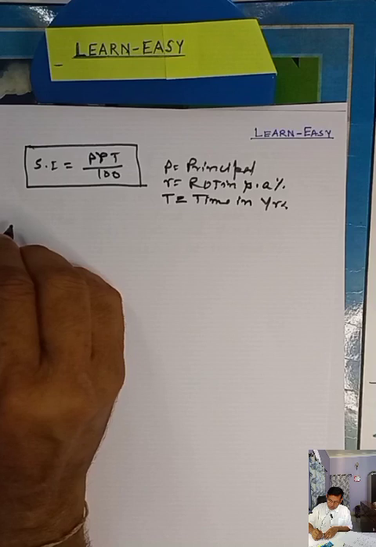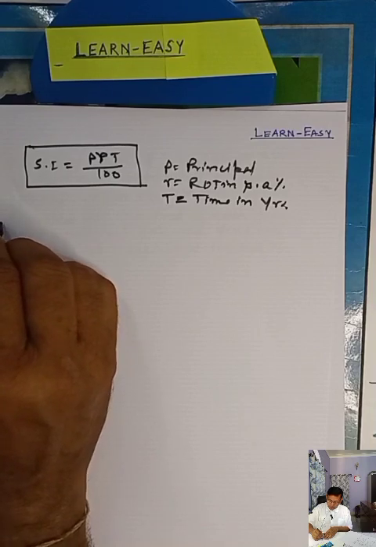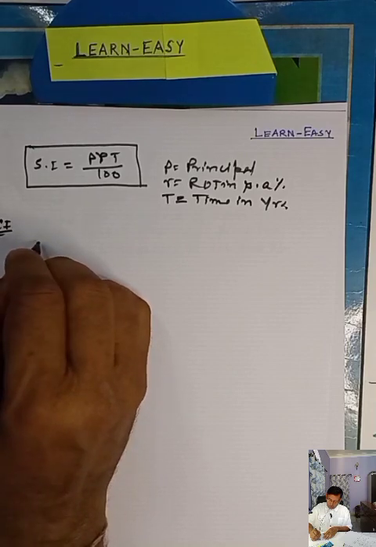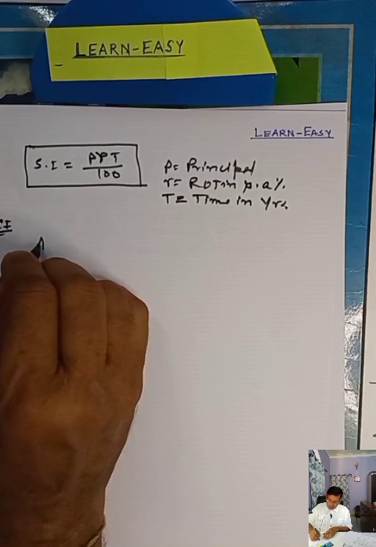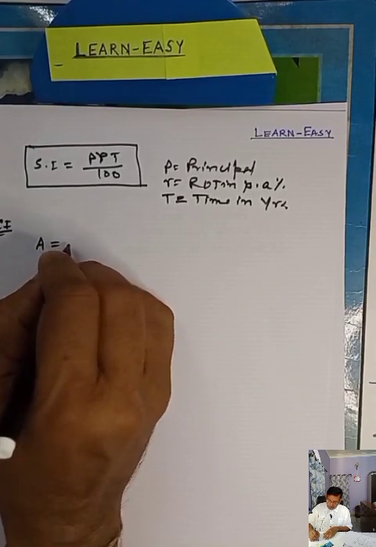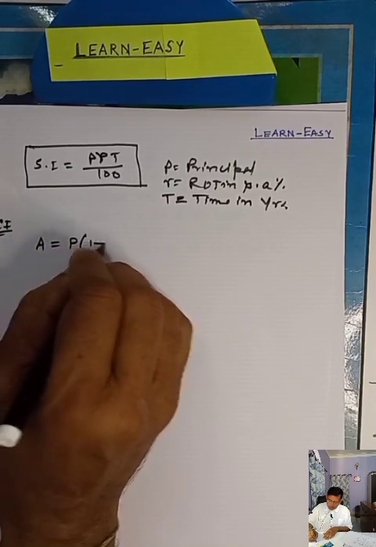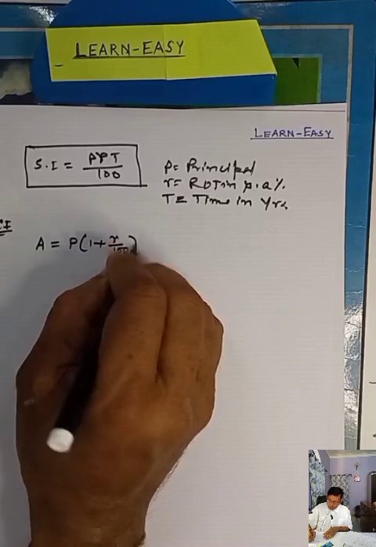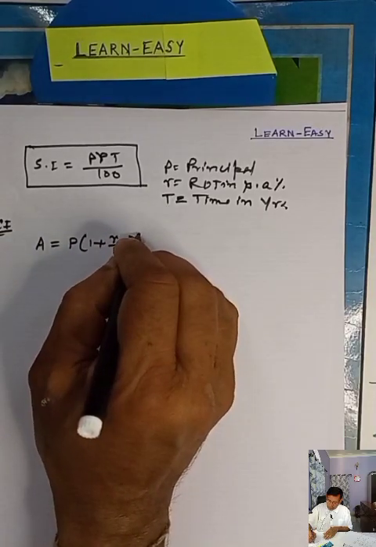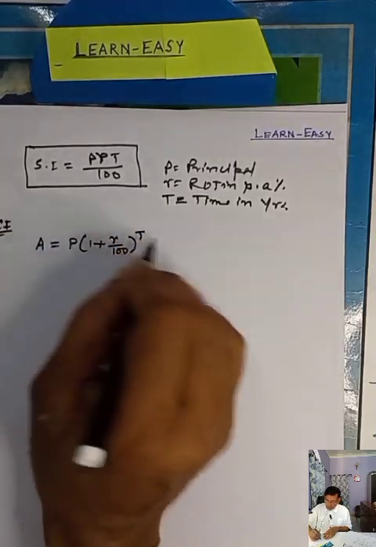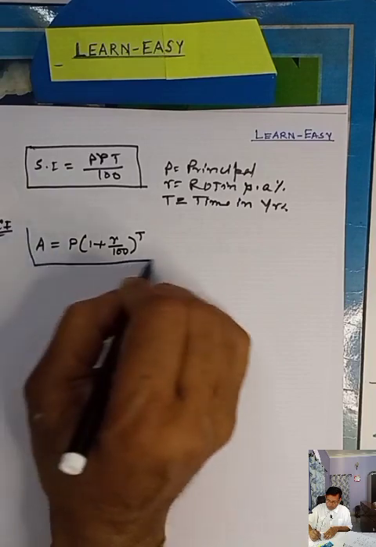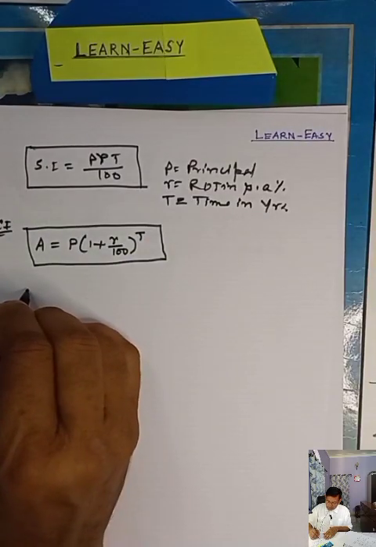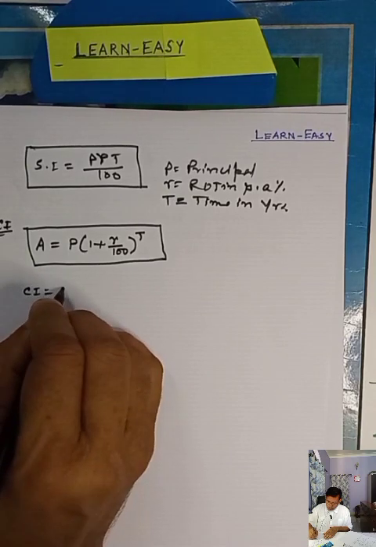In case of compound interest, the amount will be P into 1 plus R by 100 to the power T. That will be the amount. This is the formula of amount. Then CI is equal to amount minus principal.